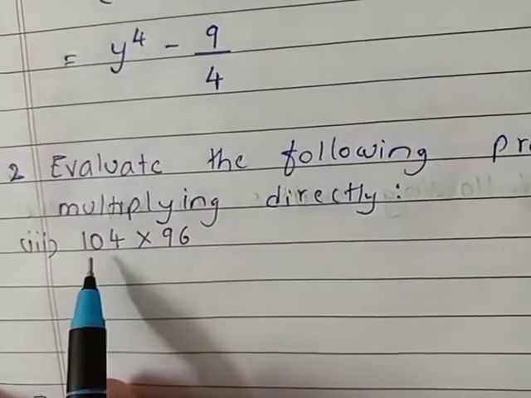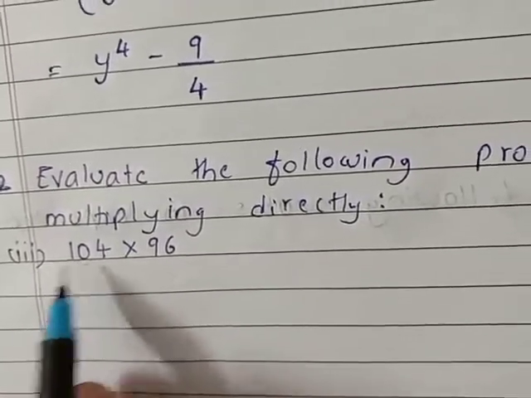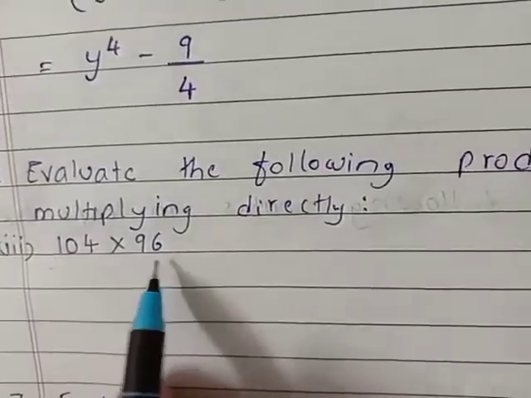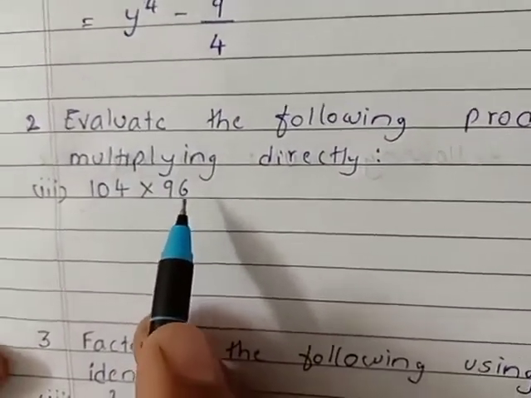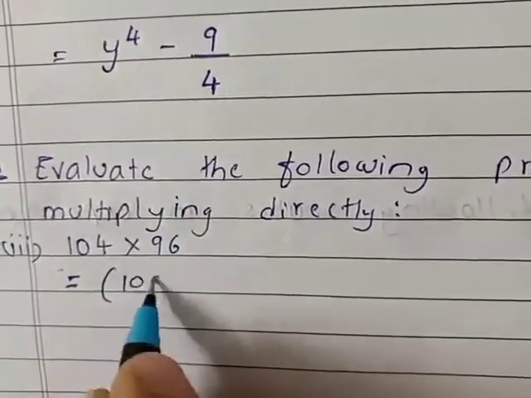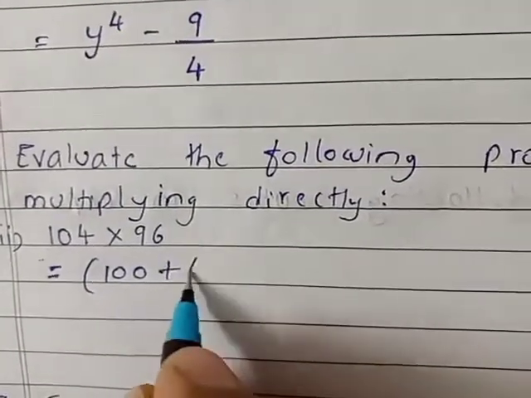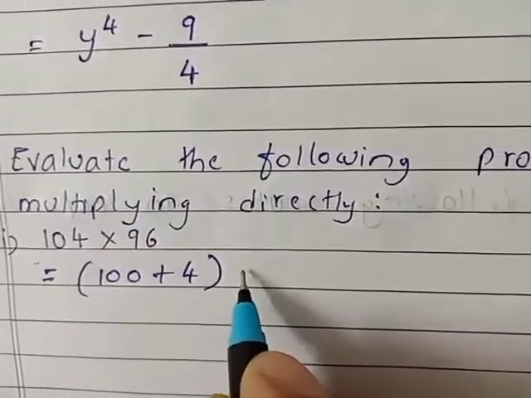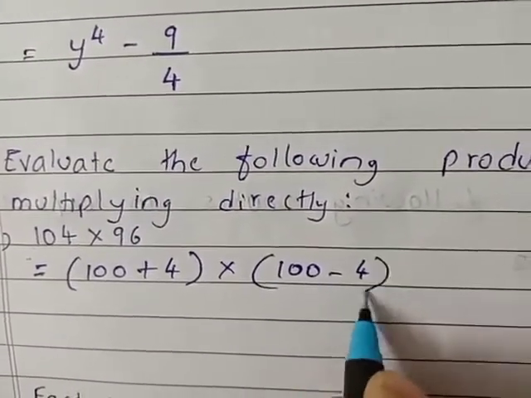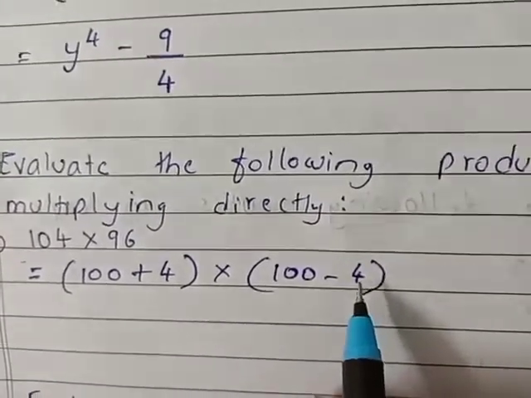This is in the form of a plus b, that is 100 plus 4 is 104. So a plus b and a minus b, 100 minus 4 is 96. So how will you solve this? You can write this as 100 plus 4 into 100 minus 4. a plus b, a minus b.